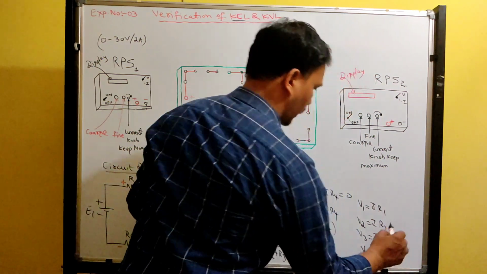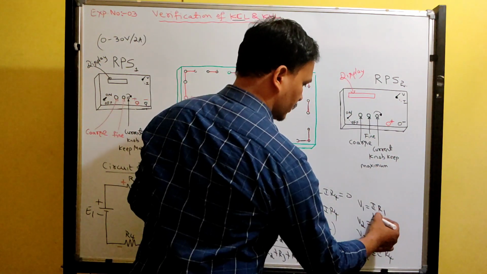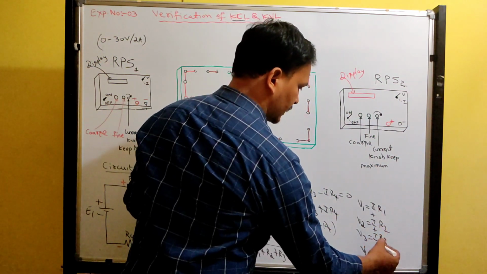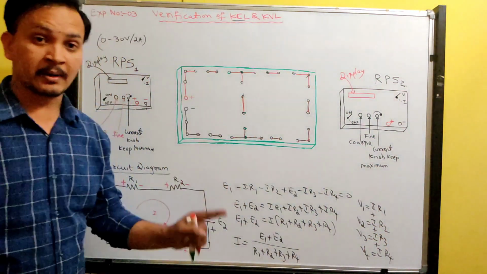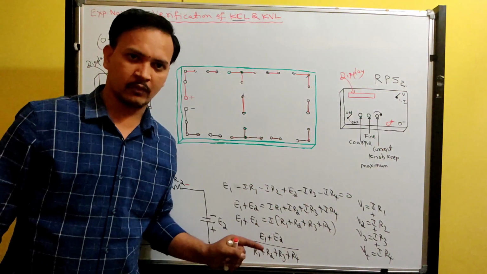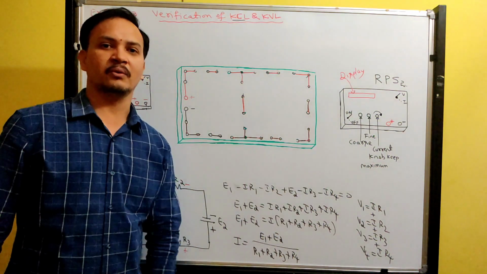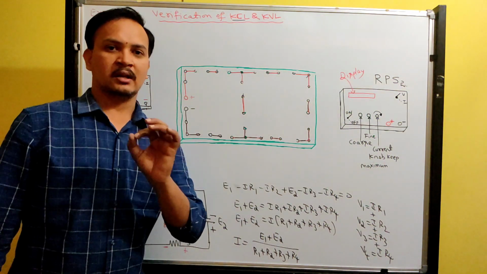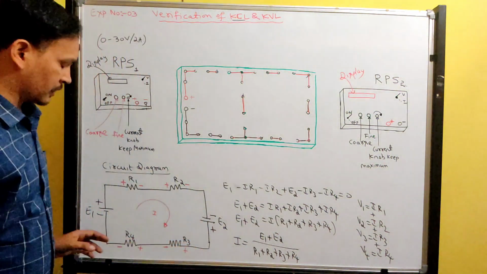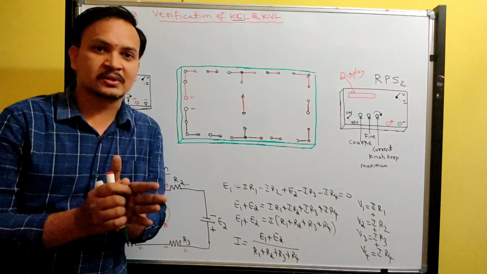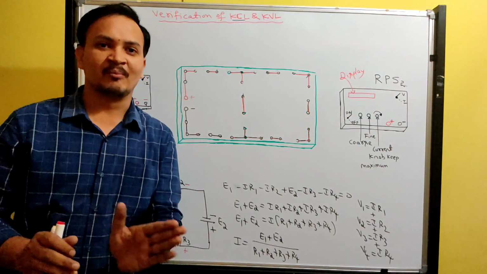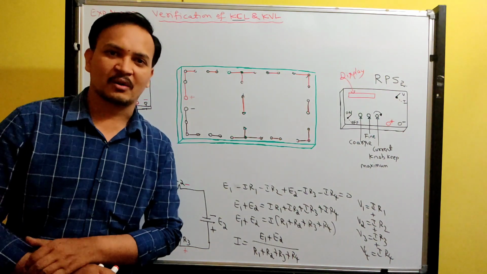I into R4. Finally, if you add all these voltage drops, V1 plus V2 plus V3 plus V4, you should get the summation of E1 plus E2. That is the KVL statement. In any closed circuit, the algebraic sum of all the EMF sources is equal to the sum of individual potential drops.